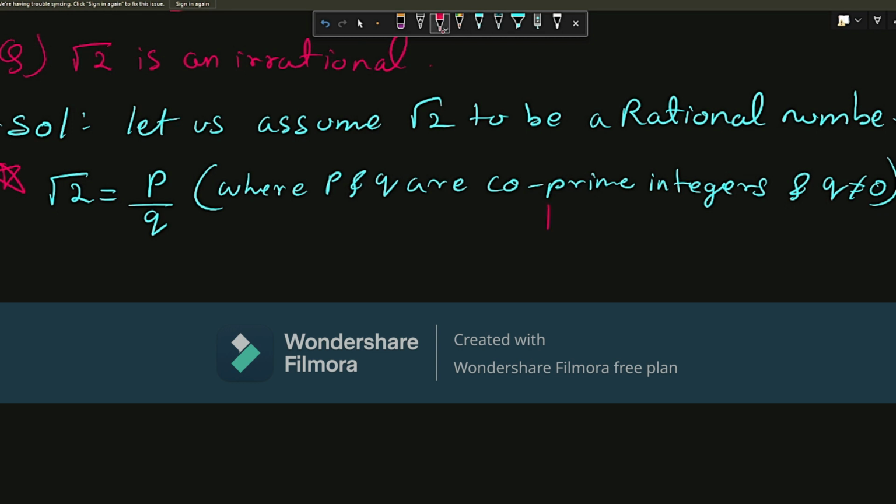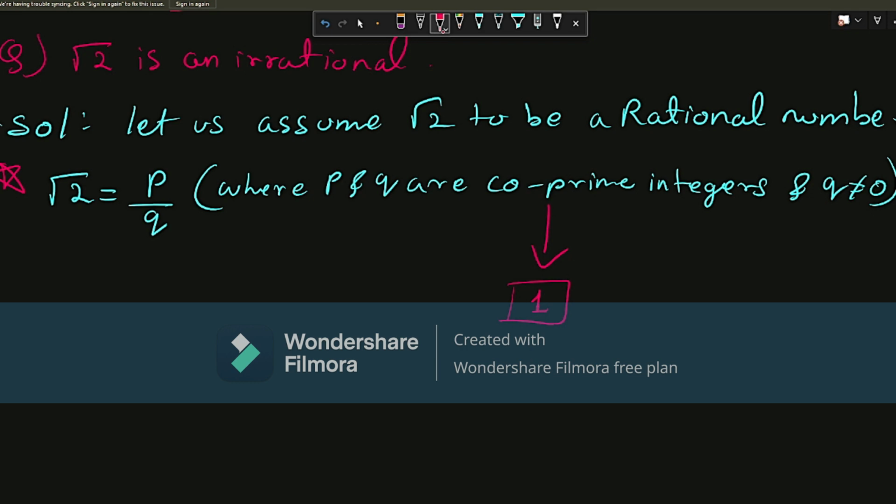Now I will explain what a coprime is. Coprime is a number or a set of numbers which have a common factor of only 1. Suppose there are two numbers, so their common factor should be 1 only.